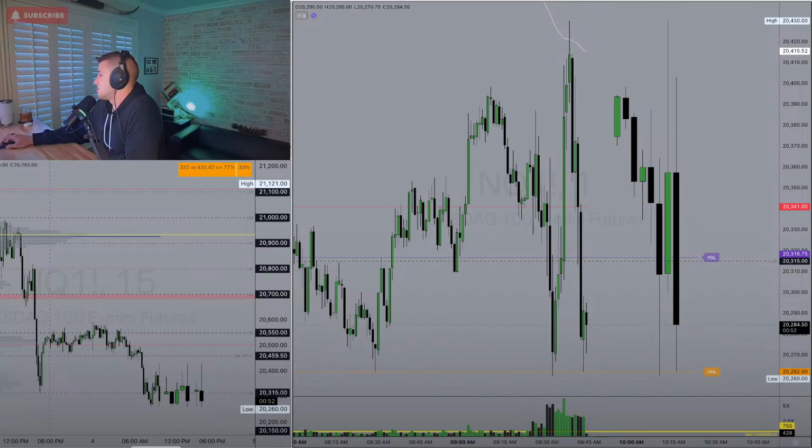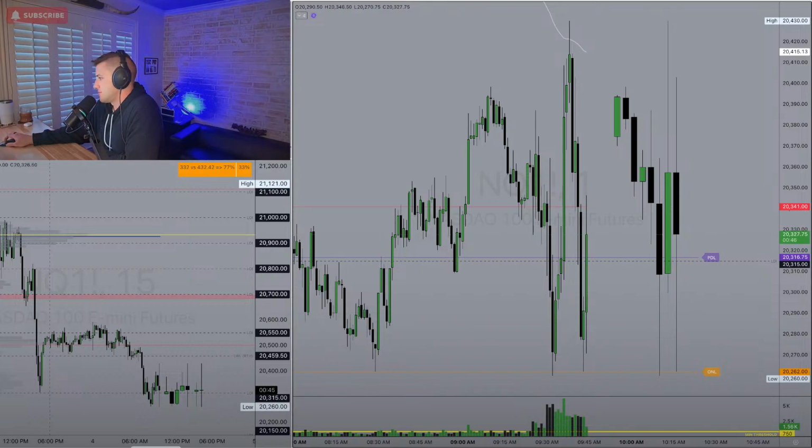Pretty wild start to the morning already, 15 minutes in. These structures are wide. Wow. Make sure you're double checking your risk points. Double check those risk points.